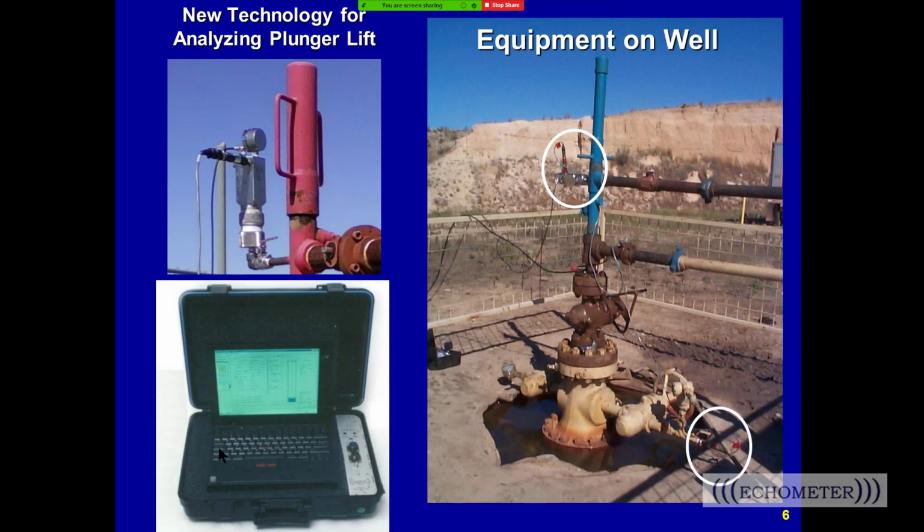This is the Echometer equipment, the wired equipment on a well, and we can use both the wired and wireless equipment now to track a plunger. And this is a fairly old picture of the gas gun on the lubricator, and I like to show this picture because when we first started tracking the plunger, we'd attach the gas gun directly to the lubricator, and we had to close the master valve to bleed this pressure off so we could attach the gun.